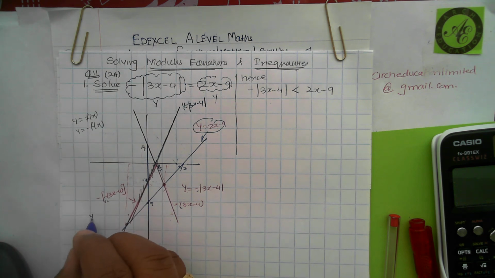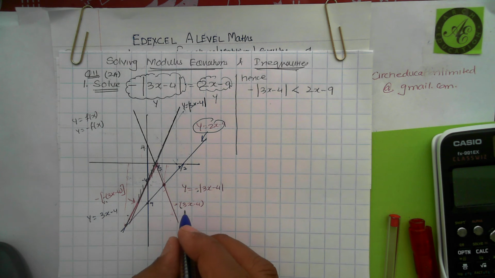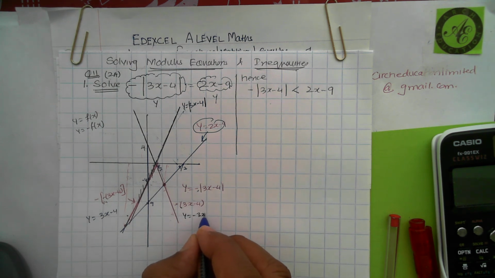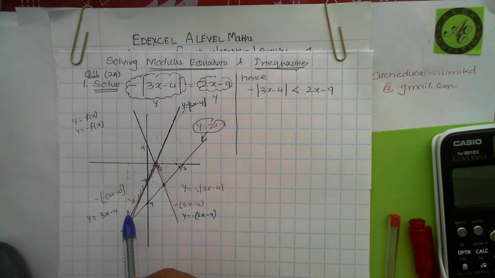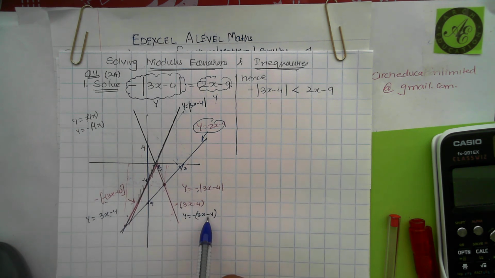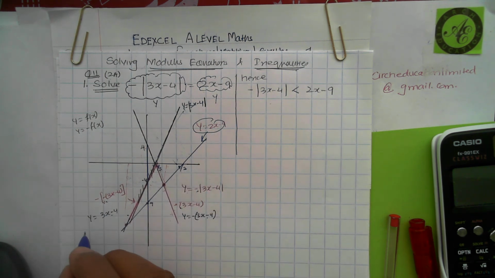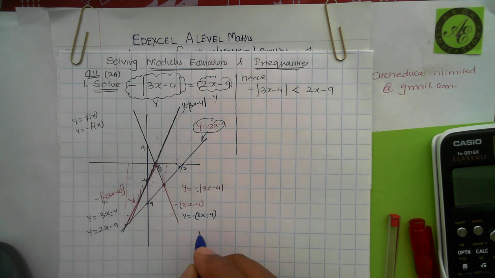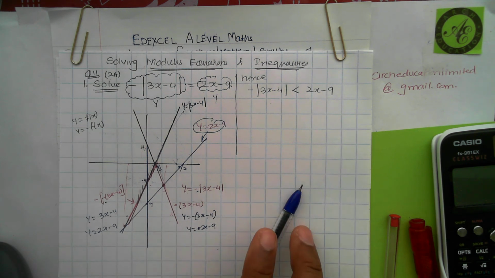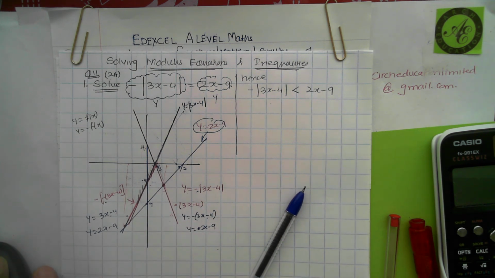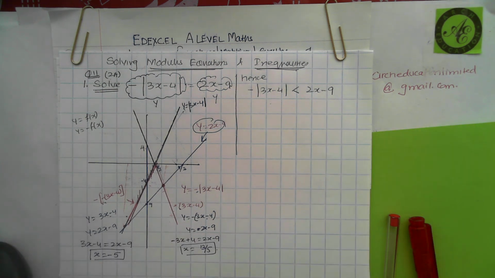So this becomes y equals 3x minus 4, you can see that, and this is y equals minus 3x minus 4. And what I have to do is find the point of intersection of these 2 straight lines with y equals 2x minus 9, and I will solve these 2 equations simultaneously, algebraically or by calculator, and work out the answers.